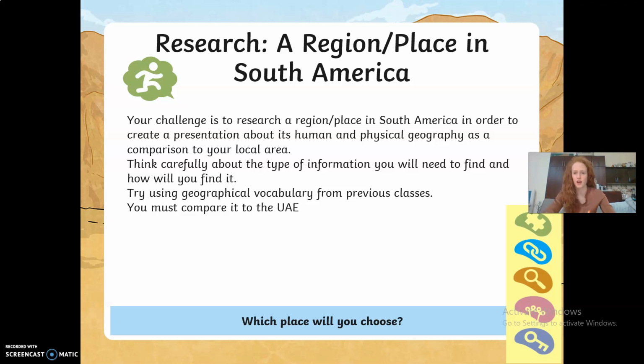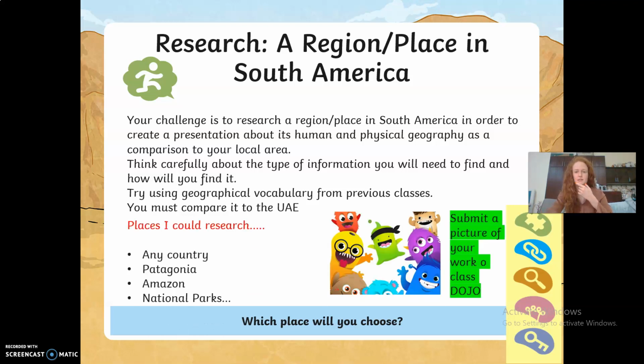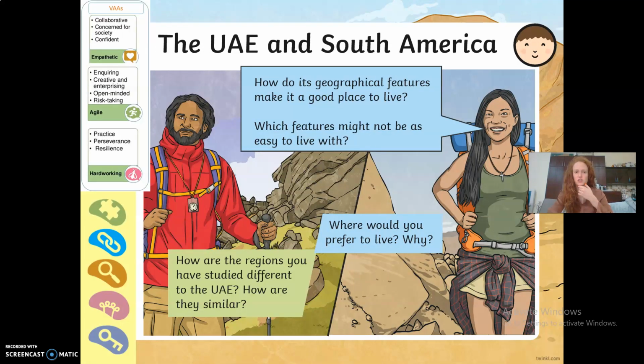And after you found these, you need to find the same things about the UAE and compare the two. After you've done that, you need to answer these questions as well. How do these places' geographical features make it a good or a bad place to live? How is the place you chose from South America different to the UAE? Where would you prefer to live? Okay, this will be answered in a short text.